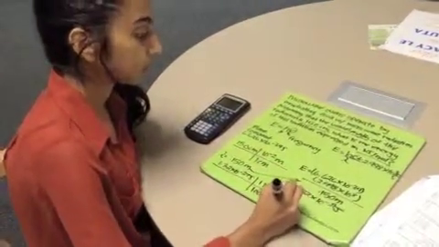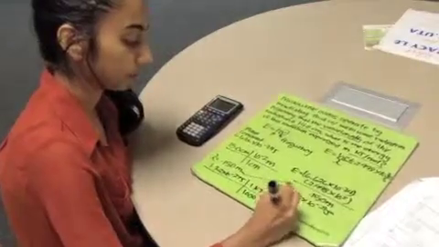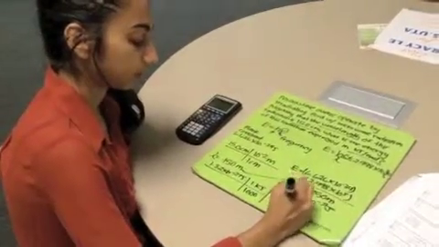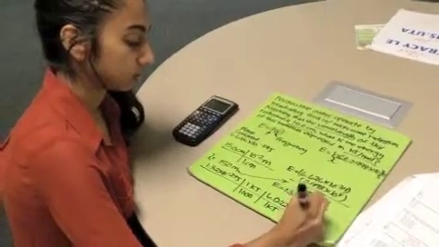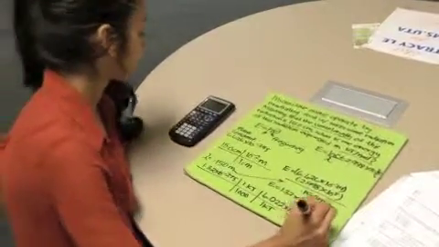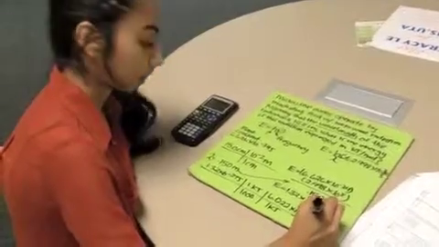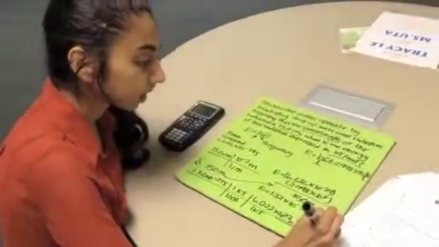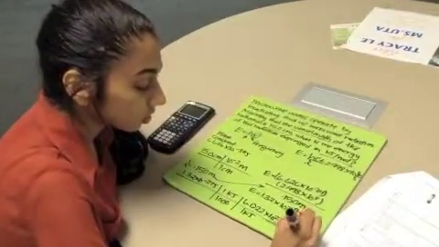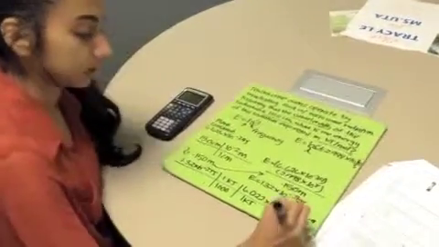And it wants kilojoules per mole, so we will multiply by Avogadro's number to get it in the correct form. And when we do that, we get 7.97 times 10 to the negative 4 kilojoules per mole. And that is the final answer.